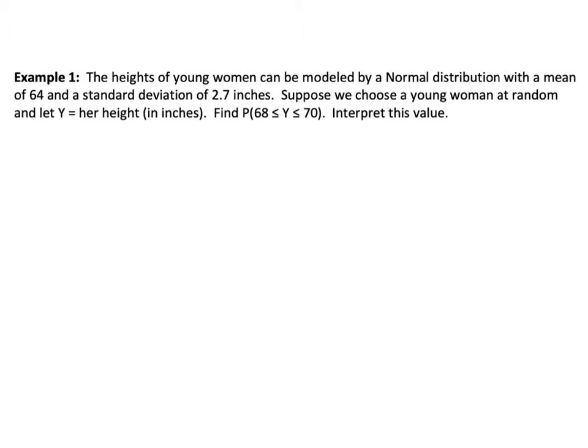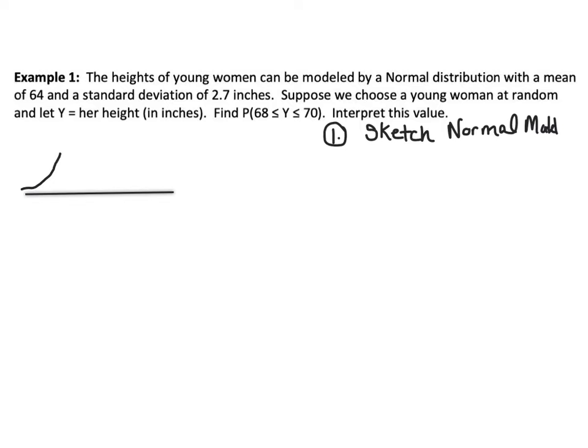We've done problems very similar to this before, but we are dealing with a random variable because we're randomly selecting a woman. I'm going to remind you of good practice whenever dealing with the normal model. First, you're going to sketch your normal model. Let's start by doing that. I draw my unimodal bell-shaped curve here and put my mean. I'm going to label my parameters, mu is 64.